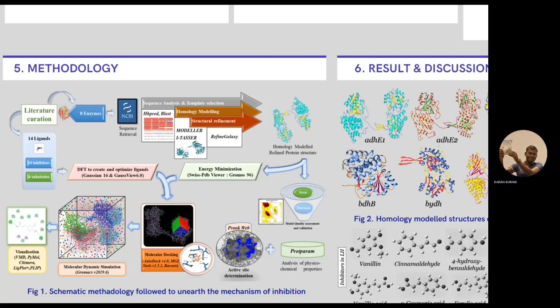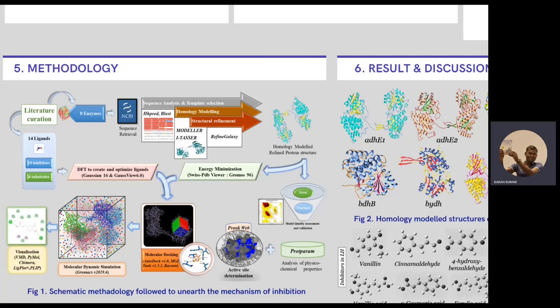Then, as the crystal structures of these selected 8 enzymes were not present in the Protein Data Bank, we went for homology modeling. The homology modeling in this study was performed using Modeller and I-TASSER web server.